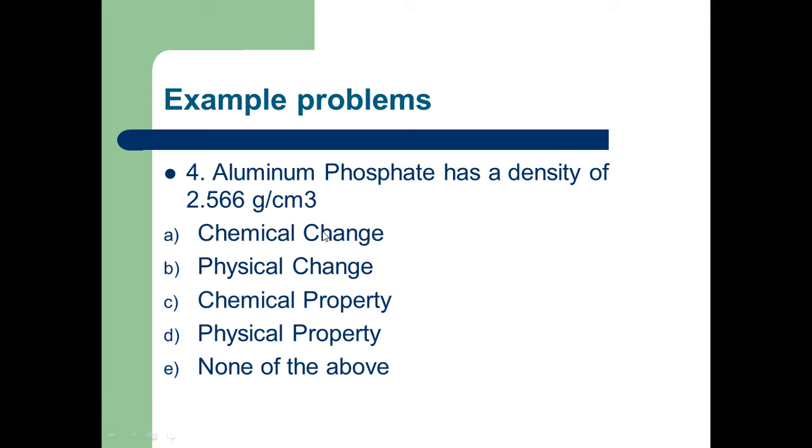So you're not going to look at these changes. So it's either a chemical property or physical property, okay? Remember that chemical properties tell you something about a substance that could change it. Well, density is not going to change. It's inherent to each substance. So when it's describing the aluminum phosphate density, that's a physical property of aluminum phosphate. Okay, aluminum phosphate has a certain density, and this is what it is.